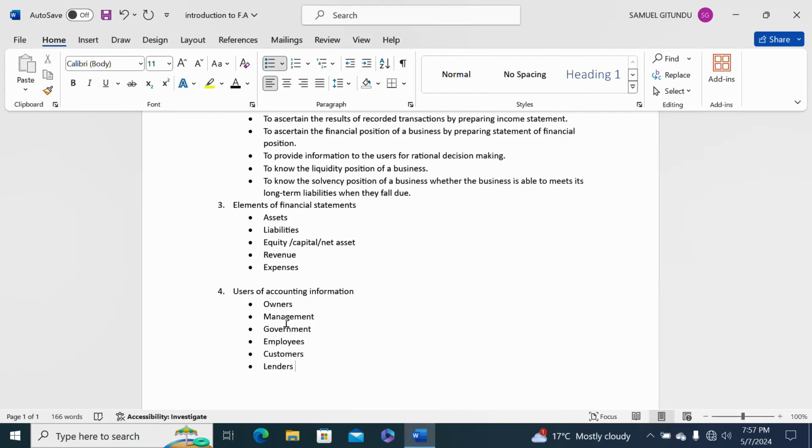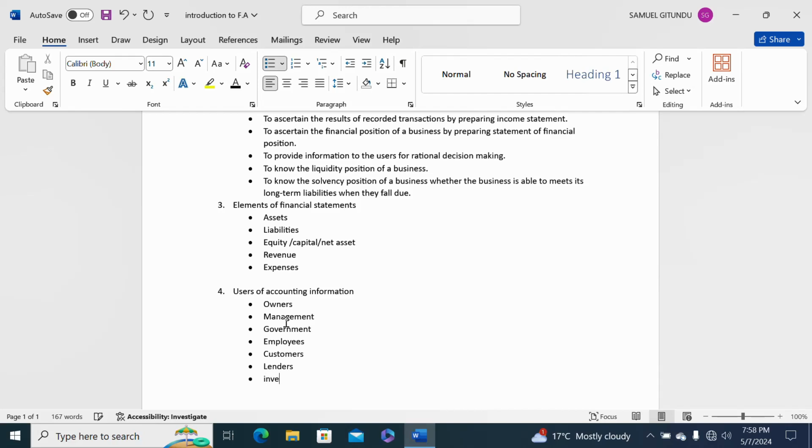They also need the accounting information to know whether the business will be able to pay back its debt on time, and to determine the amount they can be able to lend to a certain kind of business. So lenders also require accounting information.